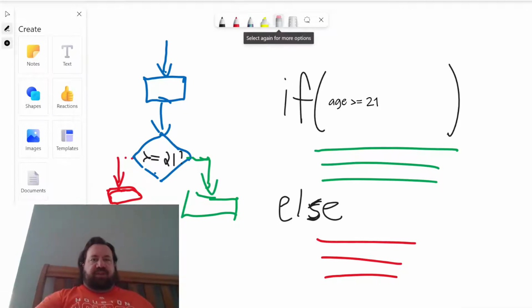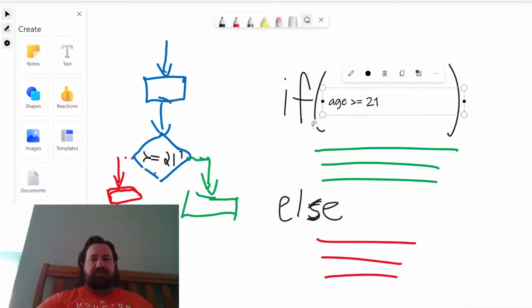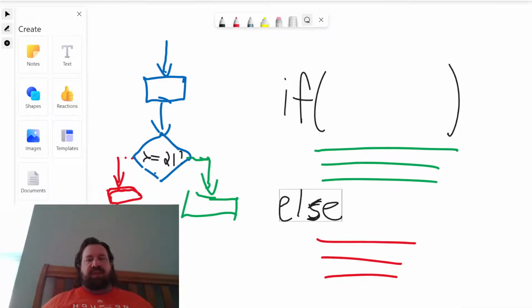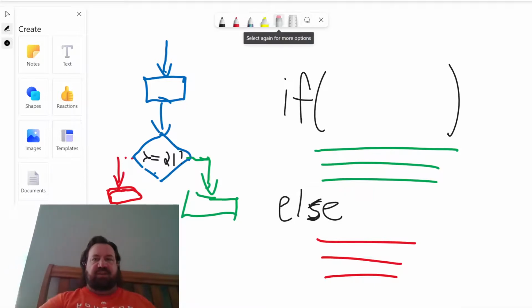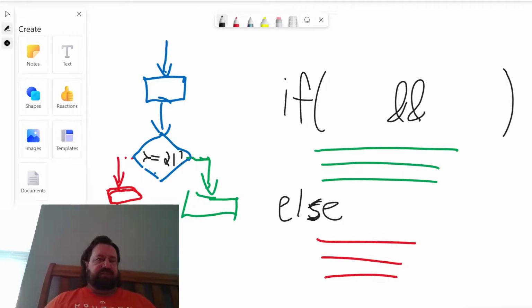The last thing I want to talk about here is that we can have two things in our if condition here. We can actually have more than two things, but we have to combine them two at a time. We can combine them with ampersand characters.